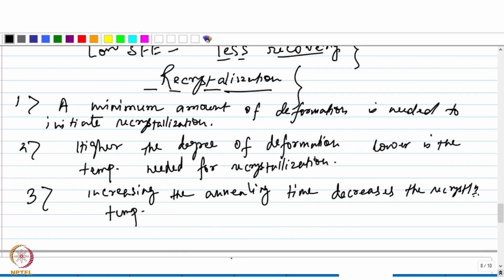You can say that doubling the annealing time is equivalent to increasing the recrystallization temperature by 10 degrees Celsius. Okay, so that's the time temperature relationship for this particular phenomenon.